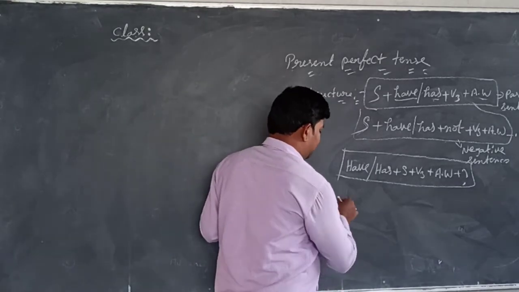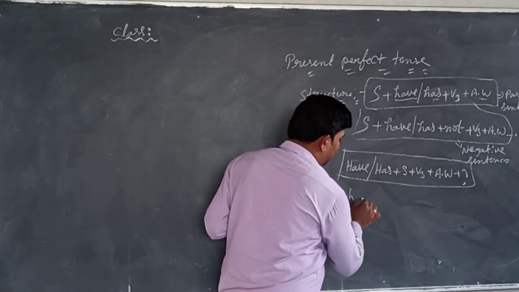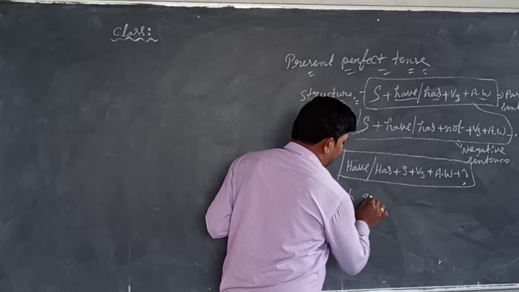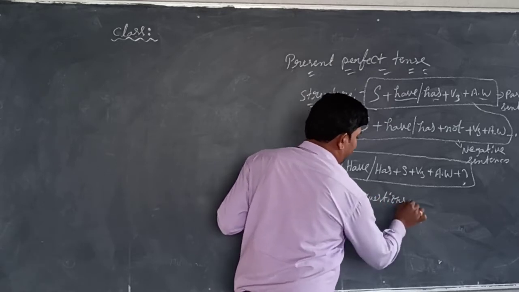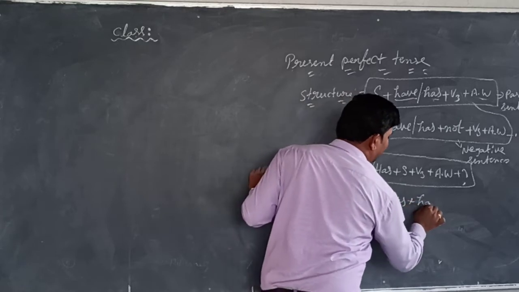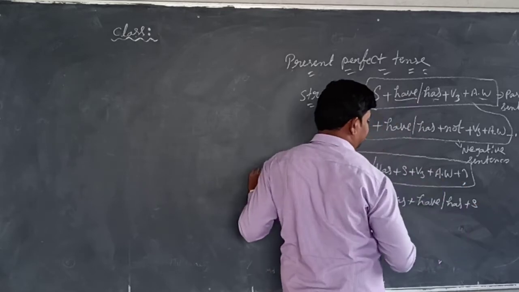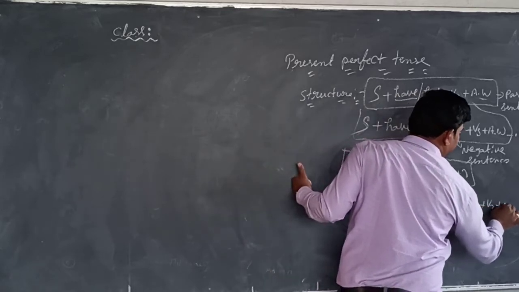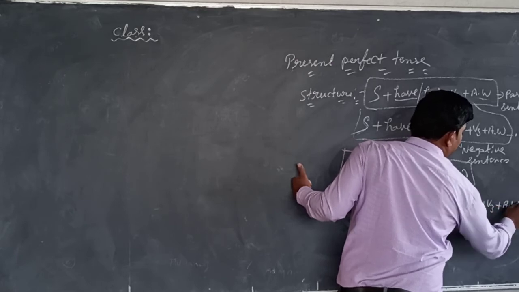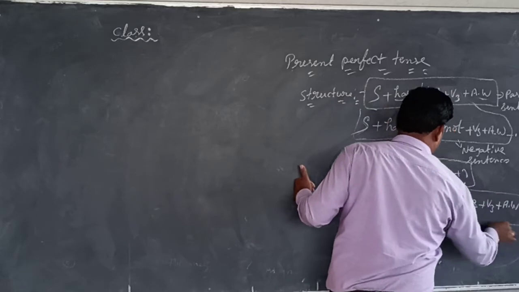Next, the WH question structure goes like this: WH question word plus have or has plus subject plus V3 plus additional word plus question mark. This is the WH question structure.